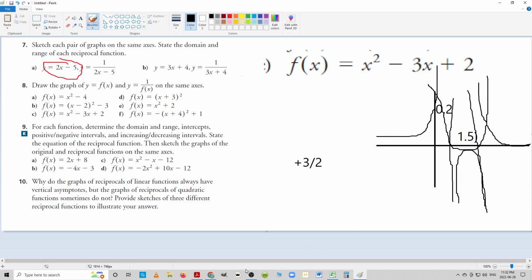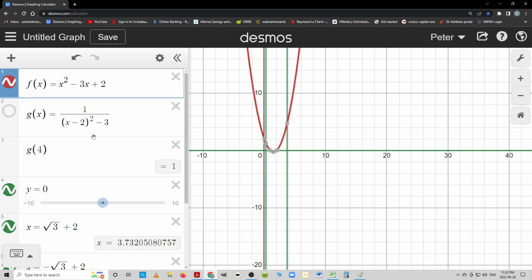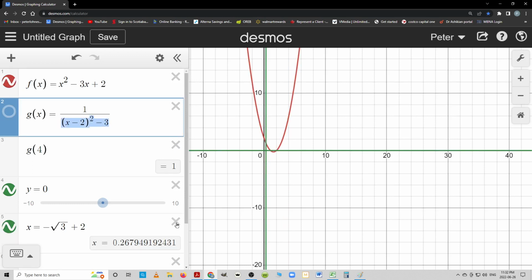Let's see if that's true. Let's look at x squared minus 3x plus 2. Let's turn it on, turn this off. Okay, and we're going to turn off all these other ones too.